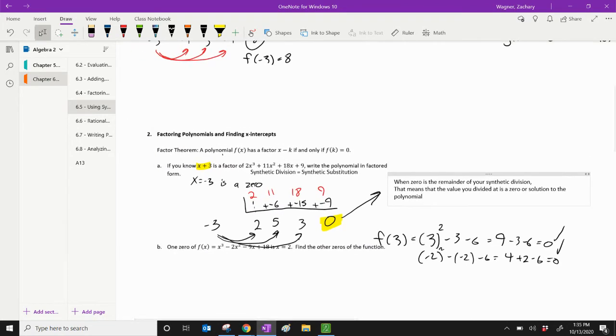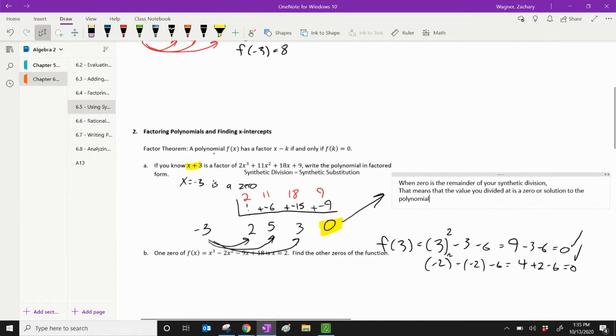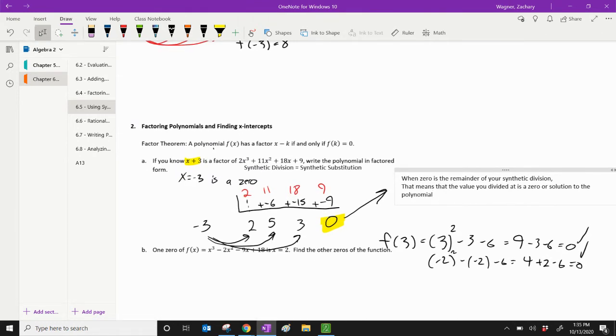Right? We already knew it. It tells us x plus 3 is a factor. When your final answer is 0, which it was right here, it tells me the negative 3 is 0. We just confirmed it. They told me it was, but now it is.